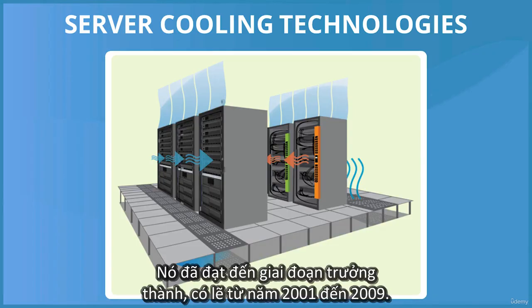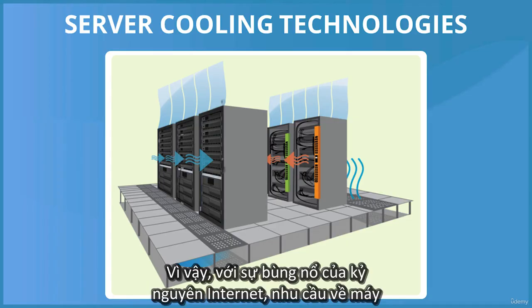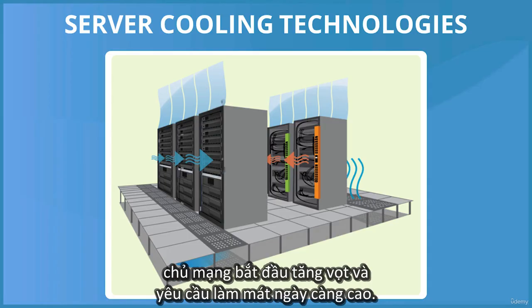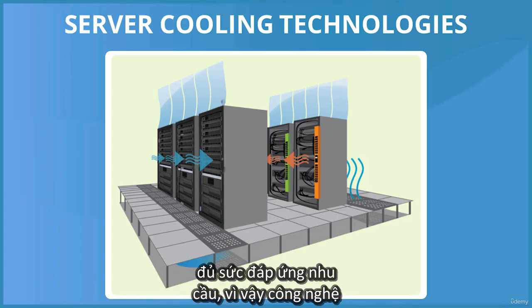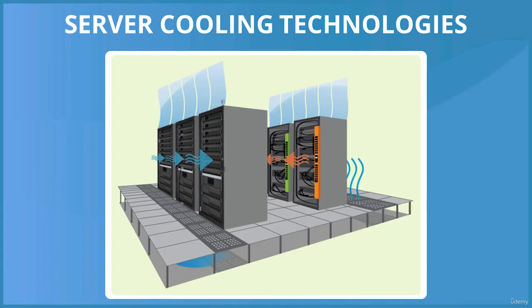It reached its mature period probably between 2001 and 2009. With the rise of the internet era, the demand for network servers began to surge, and the cooling requirements became higher and higher. The traditional air cooling and liquid cooling technologies could no longer satisfy the demand, so intelligent control technology for fans appeared.